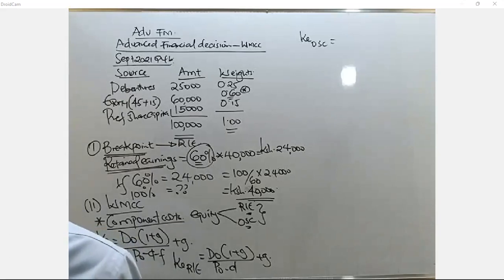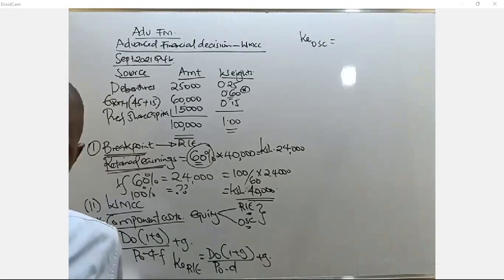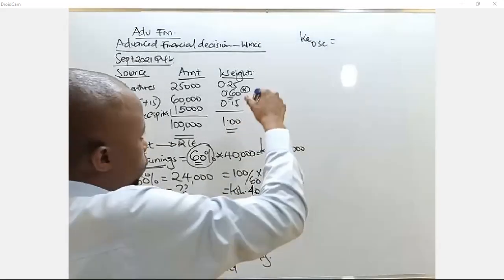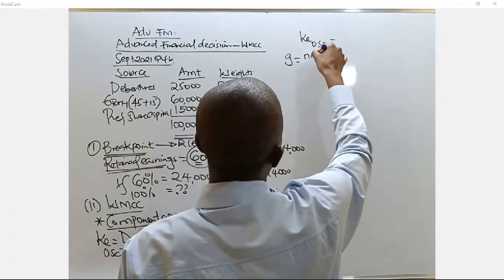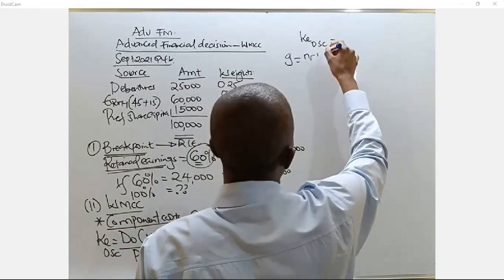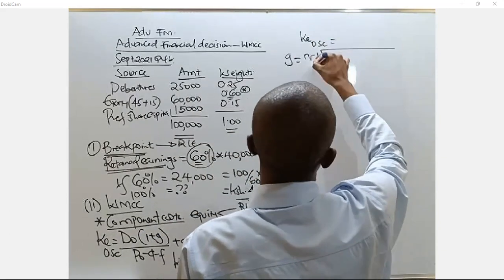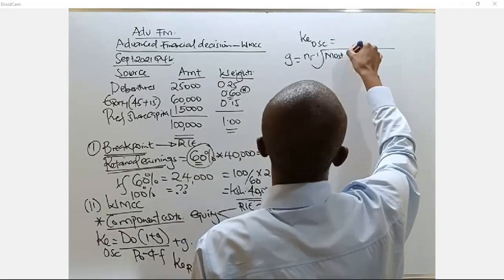So we have already been given the market value, our PO, which is 50. But there is one thing I have realized: the examiner did not give you the growth rate. And we say, if you are calculating the growth rate, you can take the n minus 1 root of the most current dividends.